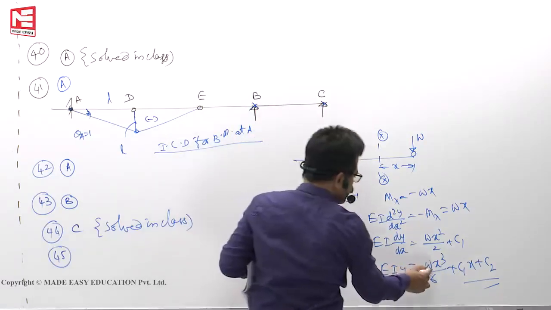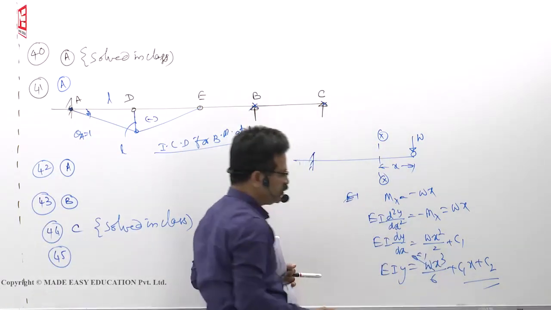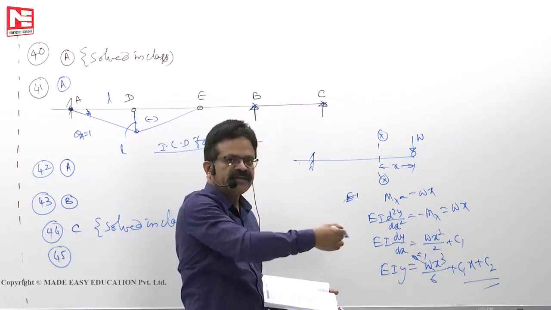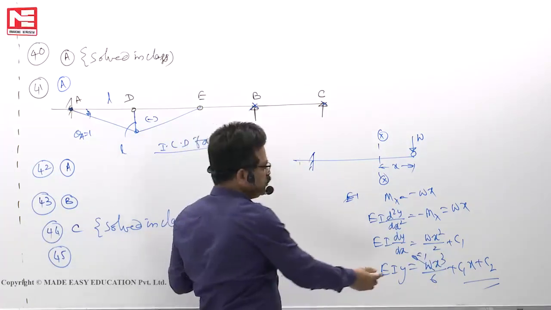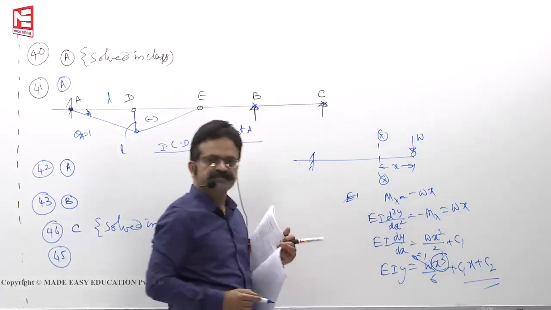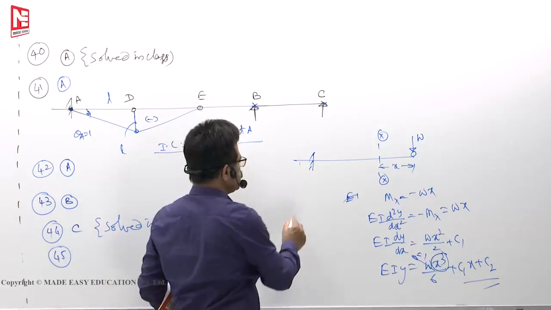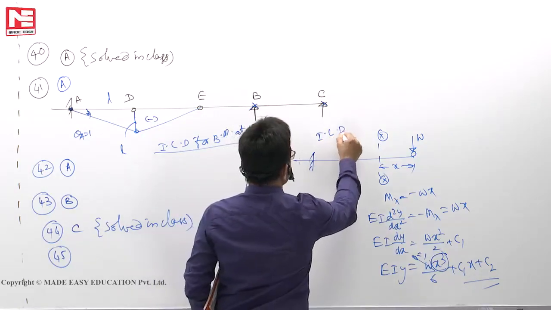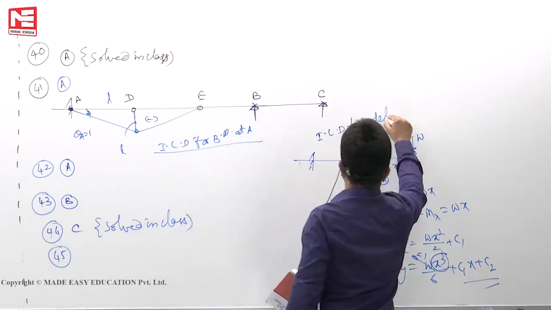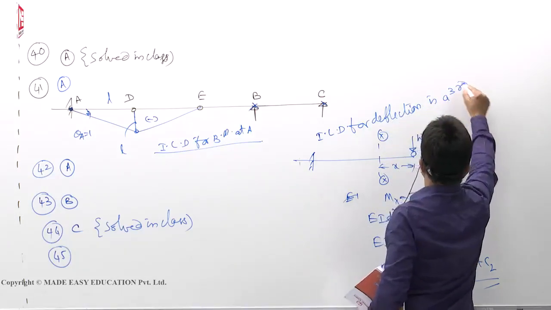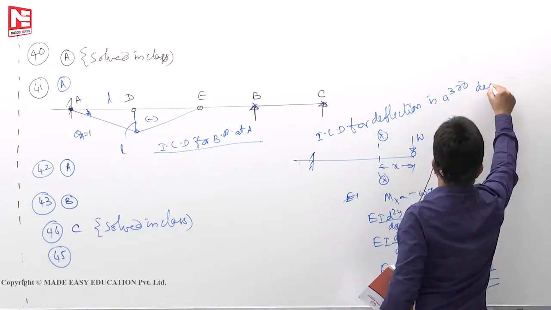If W becomes 1, supposing that, then for different values of x, if you plot a graph, you will get an influence line diagram. You will get a third degree curve. So ILD for deflection is a third degree curve.